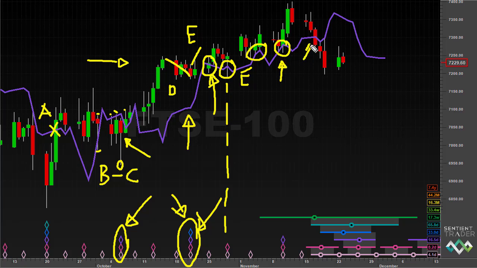The F category interaction occurred over here, and so the correct labeling of this interaction is to position the F category interaction over there, and I believe that target has been reached. We could measure it and calculate it exactly, but I believe the target has been reached, or if not, it has very nearly been reached over there, and price is on its way down to this trough over here, which according to this analysis is a 20-week cycle trough.